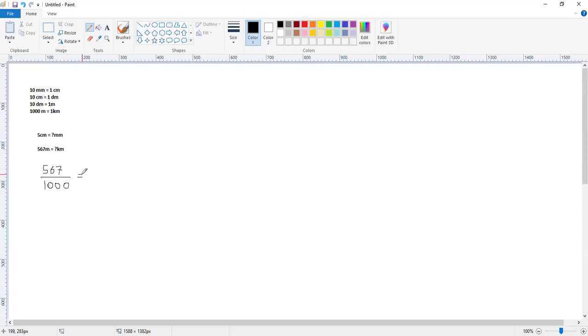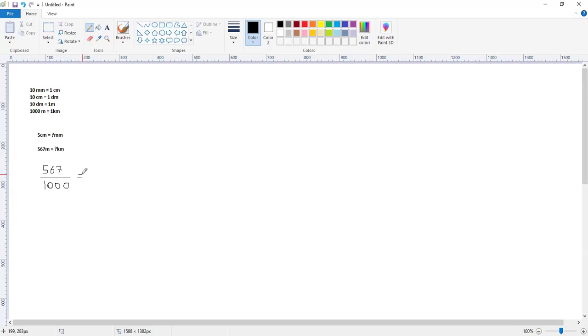What I would do is, because I know there's 1,000 meters in 1 kilometer, I'll divide the 567 by 1,000. And I know that when you divide by 1,000, it moves 3 spaces to the right.